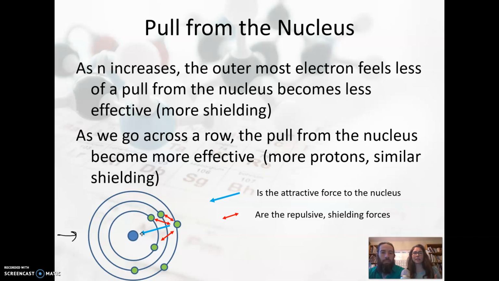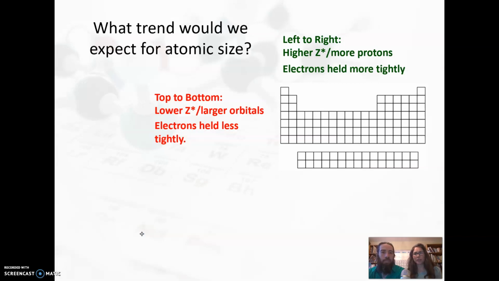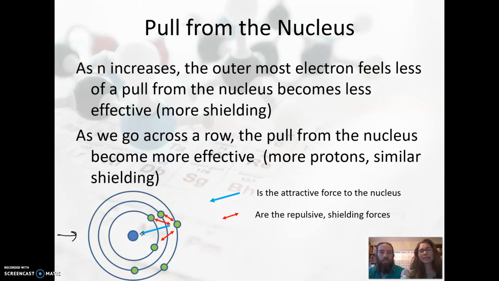But as we go across a row, think about this. As we go across the periodic table this way, we're adding electrons. So you'd think, okay, we're having more shielding, but we're also adding more protons. So our nucleus is getting stronger, and it's holding those electrons. And the additional electrons are being added to the same shell.